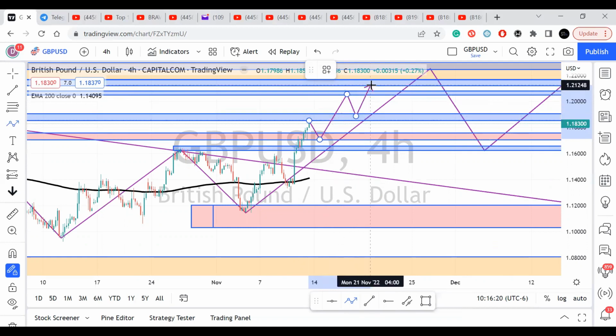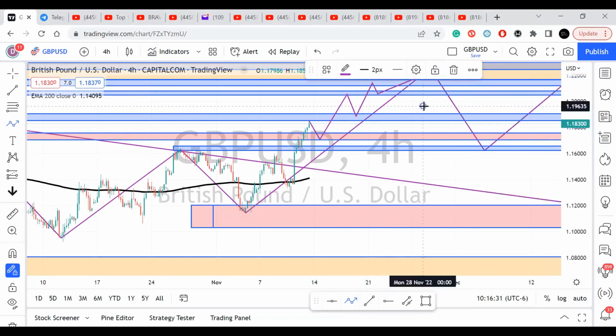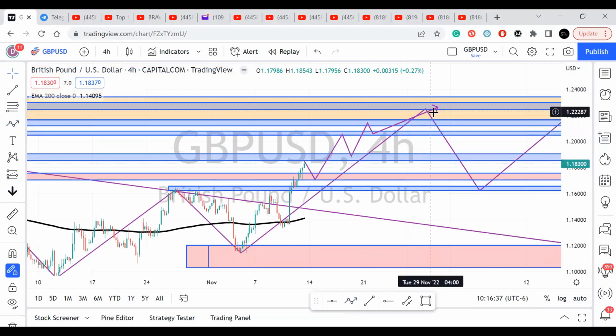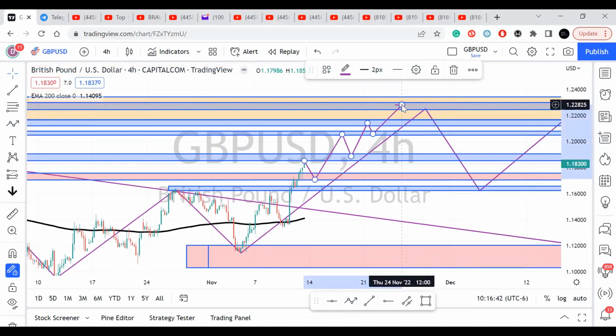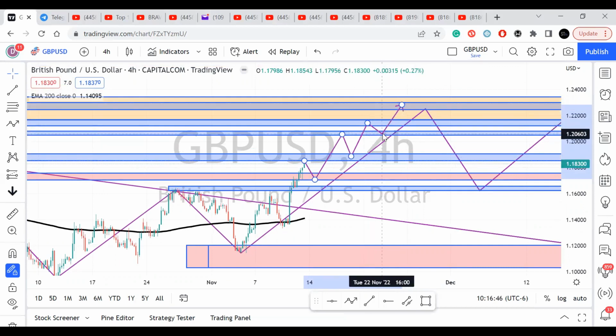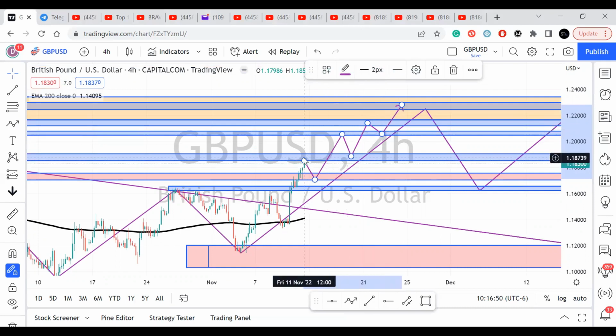Then price will break up into this next structure, then retest here, then come fully into the weekly high. So this is the move I'm anticipating going into the week.